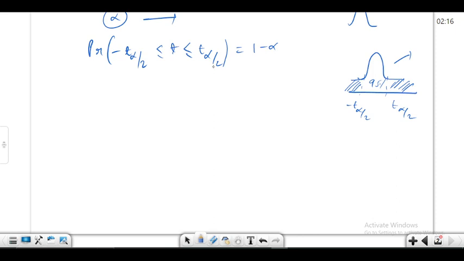If alpha is 5%, this becomes 95%. It means that out of 100 samples that I take, in 95% of the cases my t value is present in this range itself. So I can say that I'm 95% sure that my true population parameter lies in this interval.